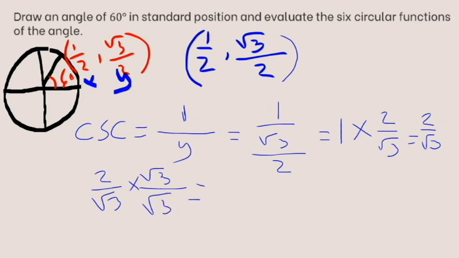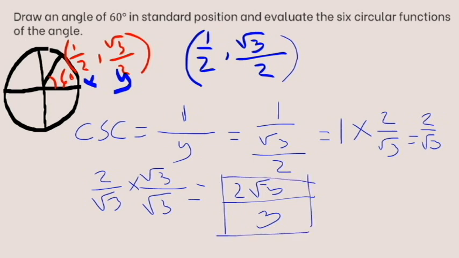Therefore, our final answer is 2 square root of 3 over square root of 3 times square root of 3, which is square root of 9. It is a perfect square, so it is 3. This is now our final answer for cosecant 60 degrees.